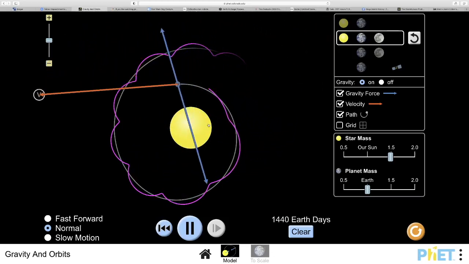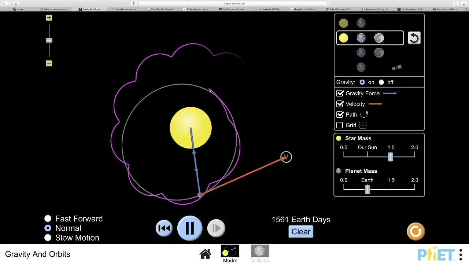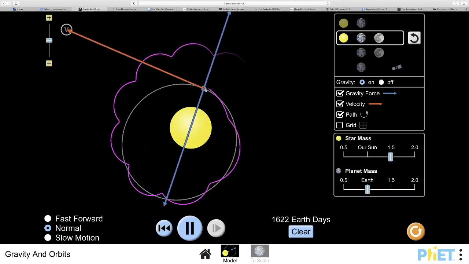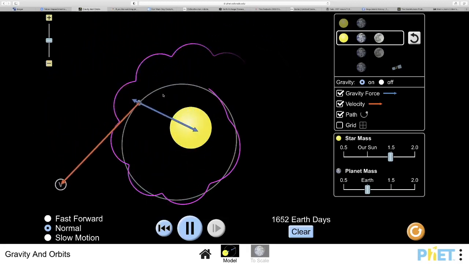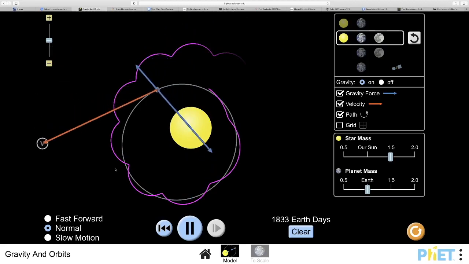Look at what happens to the path of the Earth. If you notice, the Moon disappeared. That means that change in gravity causes the Moon to crash into Earth, which wouldn't really happen, but this is like a video game, and it disintegrated. Now, if you notice, our orbit is no longer the same all the way around.